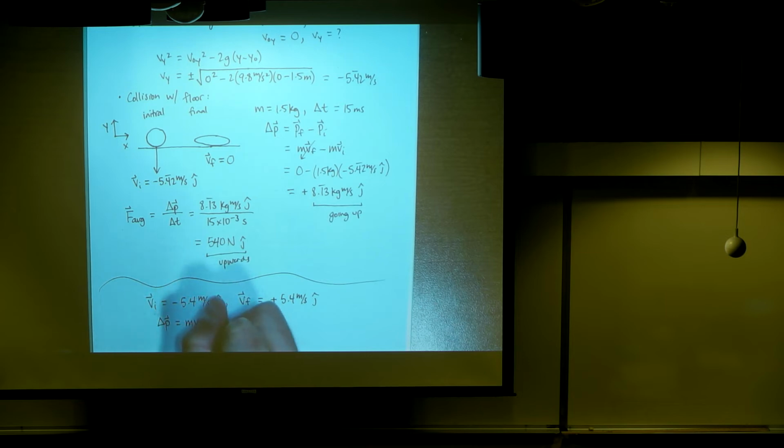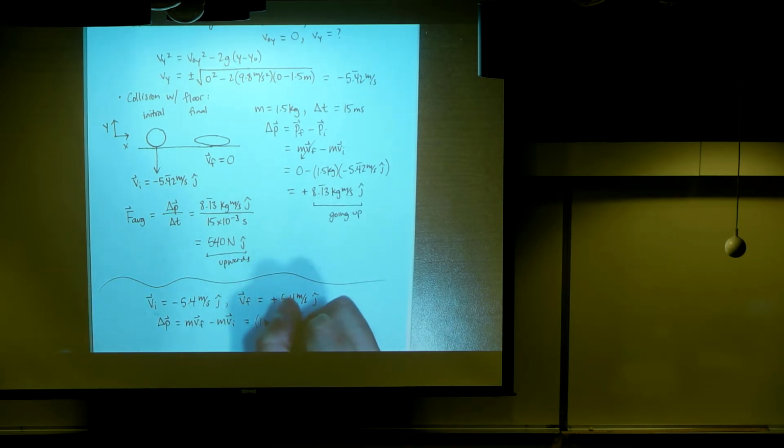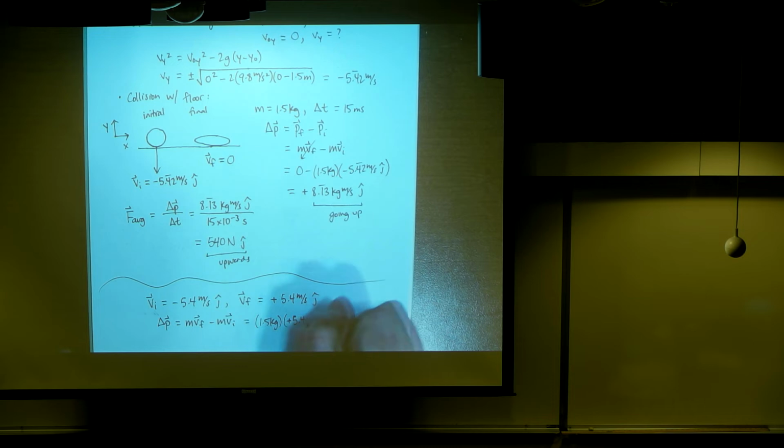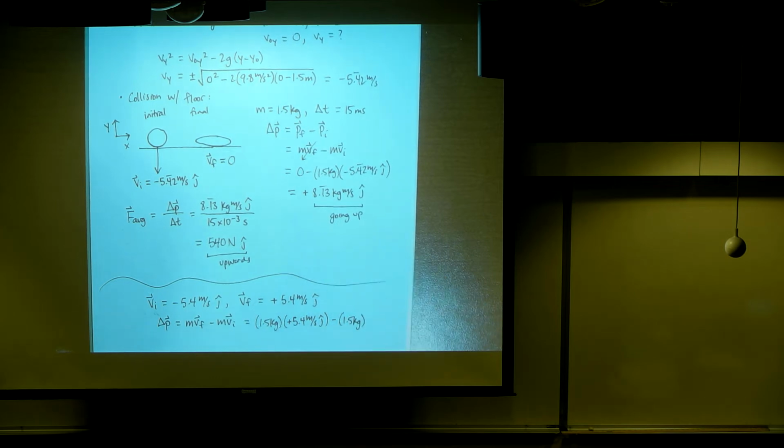It's mv final minus mv initial, just like before, right? But I'm not just setting this one to 0. So instead, I've got my mass, which is 1.5 kilograms, times my v final, which is positive 5.4 meters per second j hat, minus 1.5 kilograms, times my v initial.